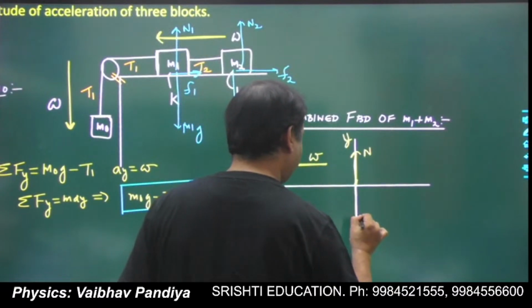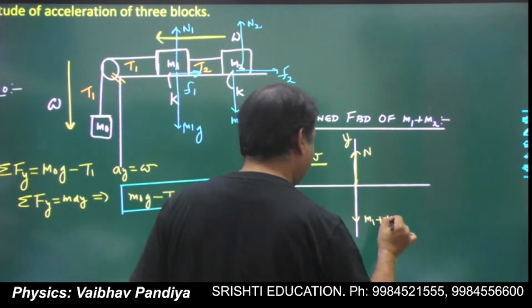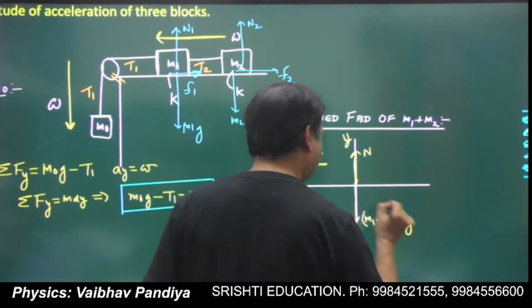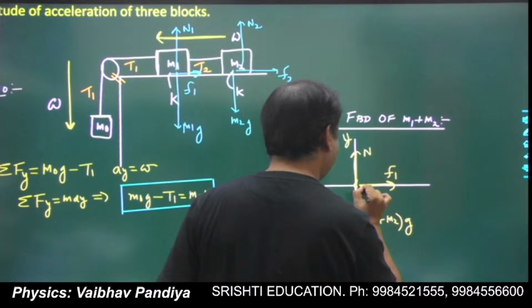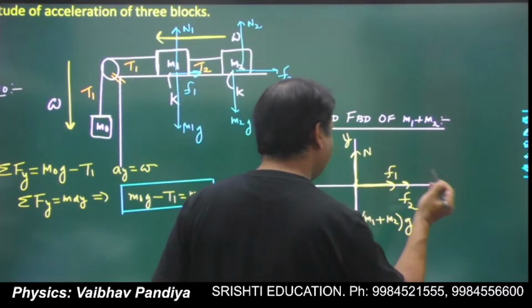Now this will be (M1 plus M2) times g, and this will be F1, the frictional force on the first block, and this will be F2, the frictional force on the second block.